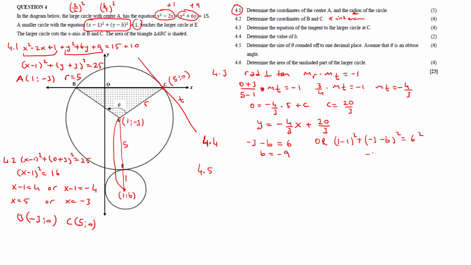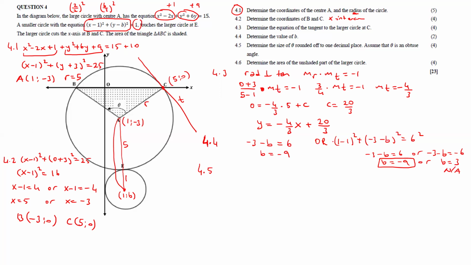And then if you solve this equation, -3 minus b is equal to 6, or -3 minus b is equal to -6, so b is equal to -9, or b is equal to 3. Obviously, it can't be 3 in this case. This is non-applicable, right? Then it has to be -9.